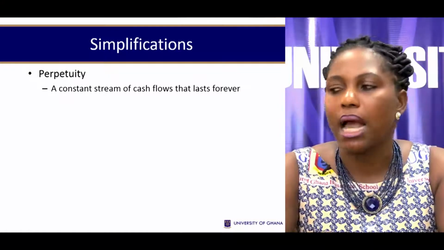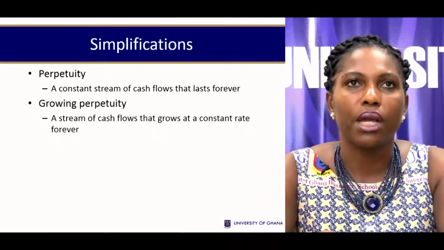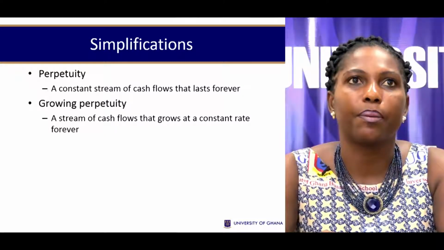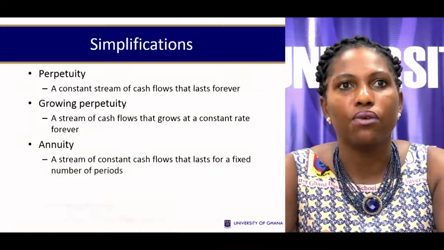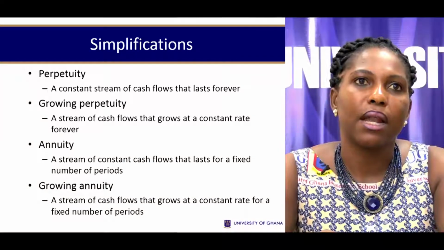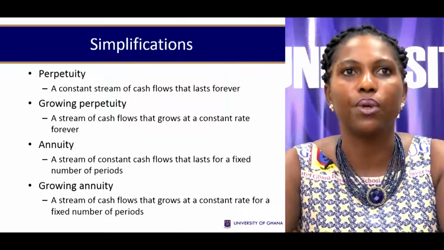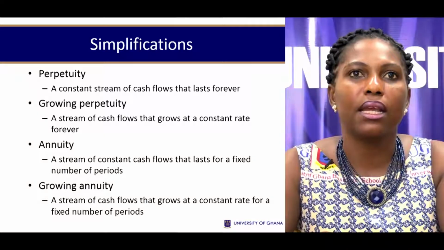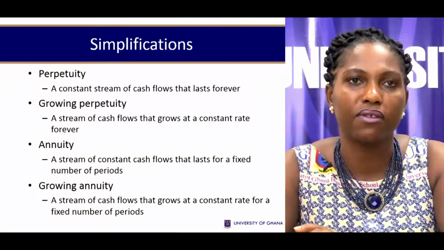Now, when it comes to further applications, we can look at issues like a perpetuity, a growing perpetuity, an annuity, and a growing annuity. Let's start by looking at the root definition, which is the annuity. An annuity is usually a constant stream of cash flows that lasts for a fixed period of time.